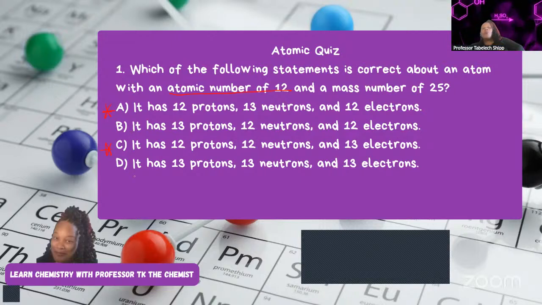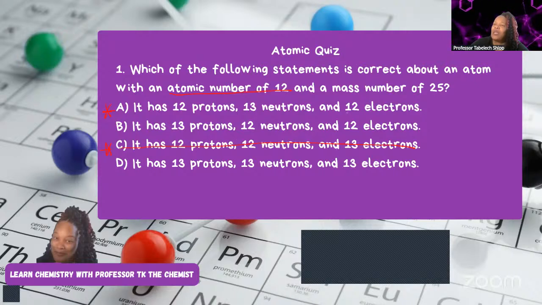Now, the other thing that we know is that the number of electrons is also 12. So that means if my electrons is also 12, we can automatically discount letter C and know that the answer could potentially be letter A.